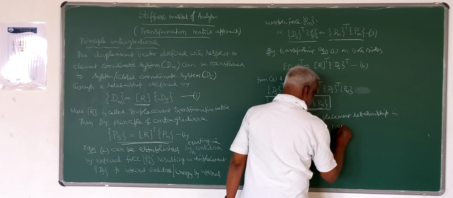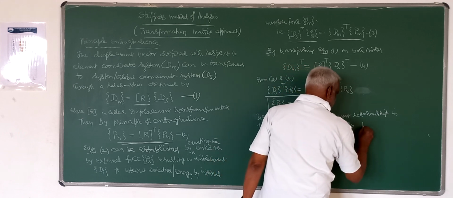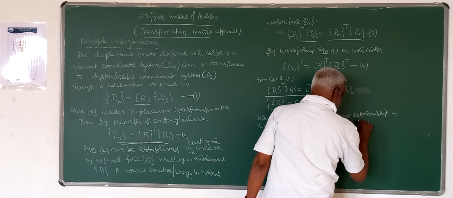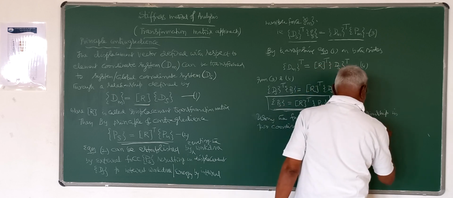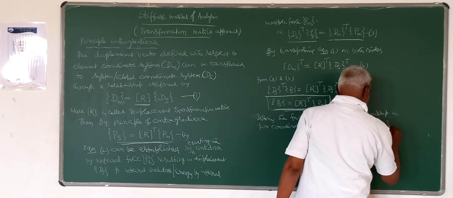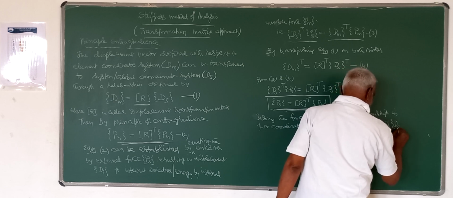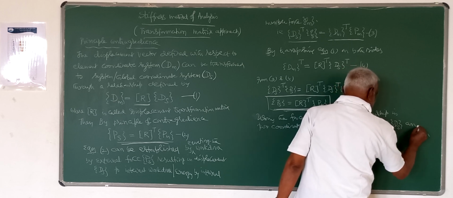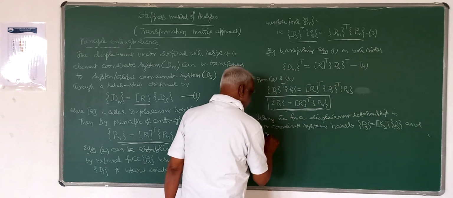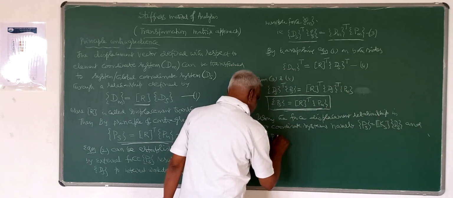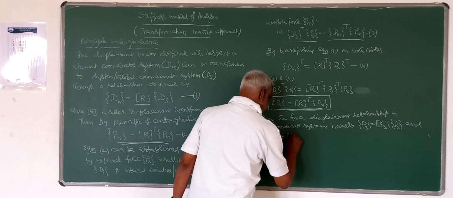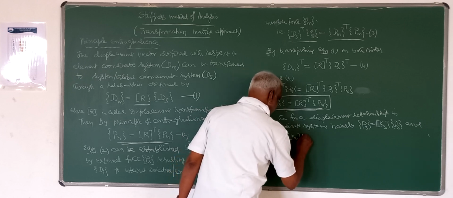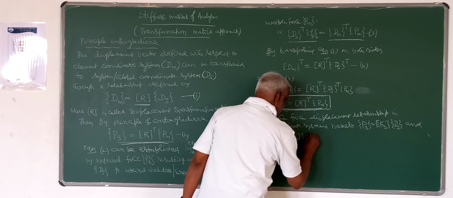From global, the relationship between force and displacement is PS is equal to Ks into ds, and from the element coordinate system, the force and displacement relationship, you can take it as Pm, Km into dm.